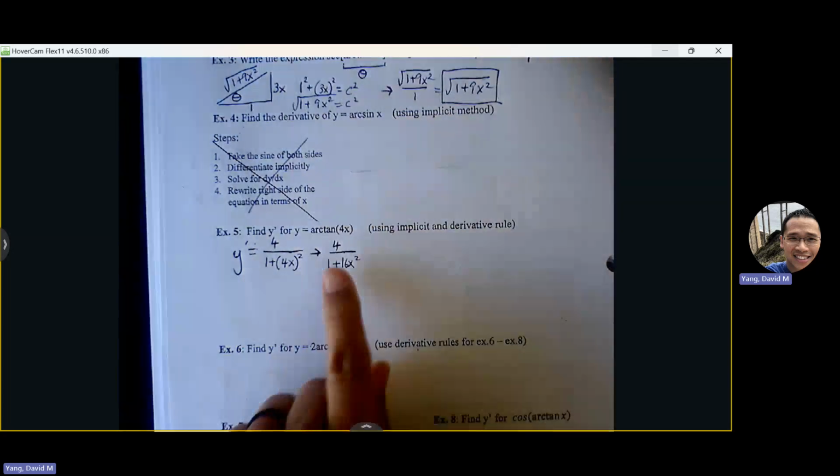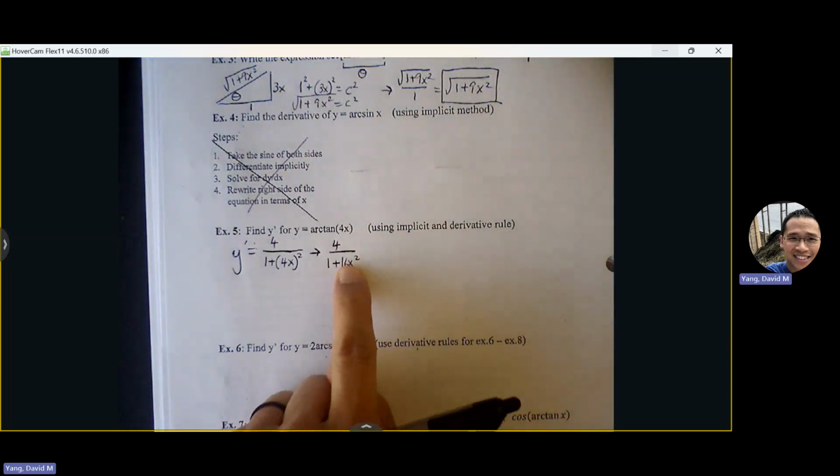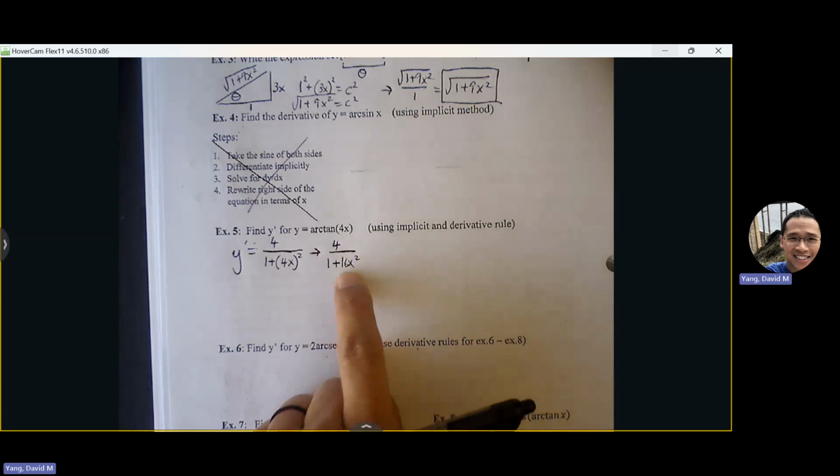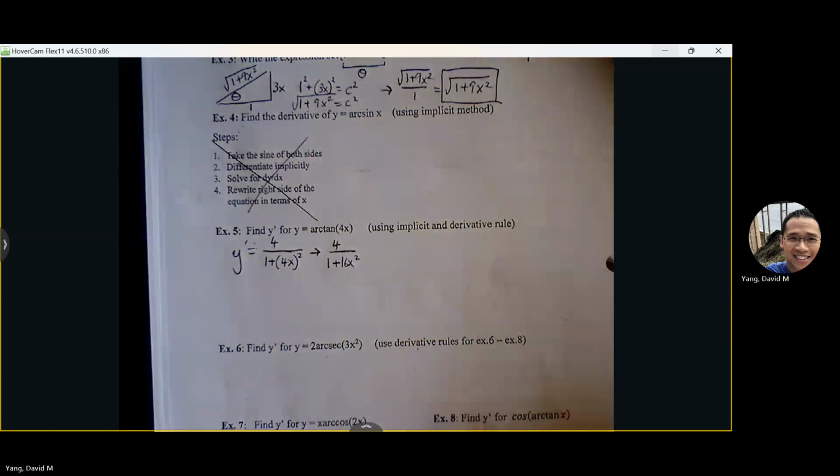If I want to find the slope of any point on this original graph, I just give it the x value, and I can pinpoint the exact steepness of this graph. So my y prime, my slope formula, is simply 4 over 1 plus 16x squared.